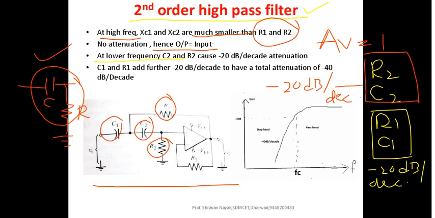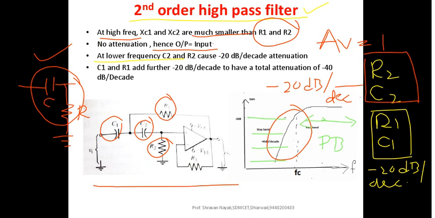So in the stop band, up to a frequency Fc, all the signals of lower frequency, that is below Fc, will be attenuated, and in the pass band, which is beyond Fc, all the high frequency signals will be passed. It is just the converse of what we have seen in the case of the low pass filter. So this is the simple explanation.